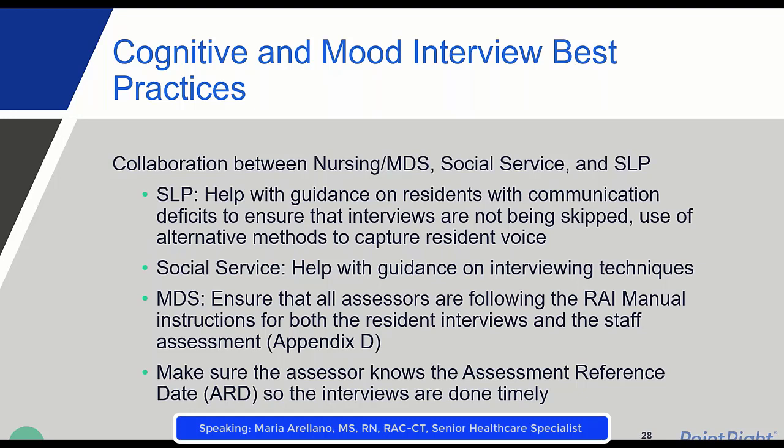All these alternate methods of communication are very important, because our charge or challenge from CMS is to capture resident voice, not what we think the resident voice is, whenever possible, right? So everyone should have this attempted, looking at alternative ways to communicate with those residents that might have challenges.